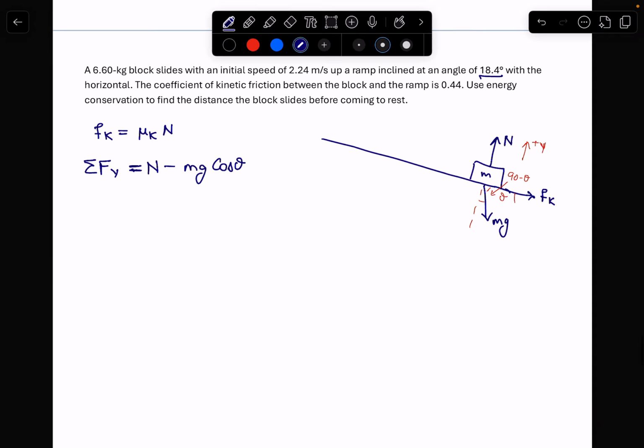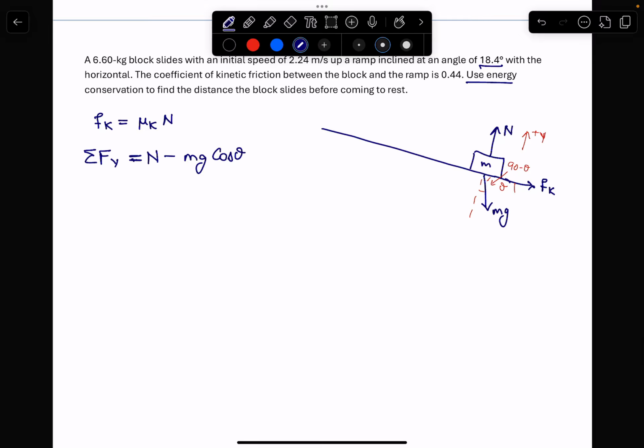Let's look at its energy, because we are asked to use energy conservation. So if this is its initial position and this is its final position, from this point to this point, it will have moved a little bit higher up.